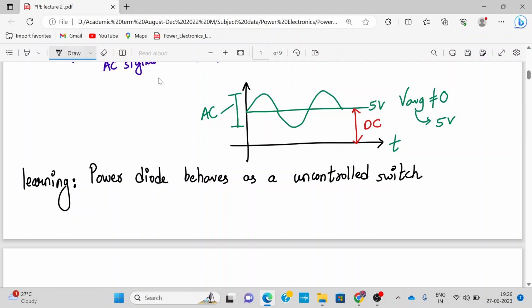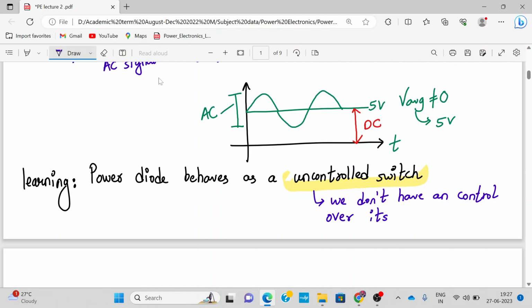Now, what do you mean by uncontrolled switch? Uncontrolled switch means its conduction, that is turning on and off, cannot be controlled. So we can simply write over here, we don't have control over its conduction period.